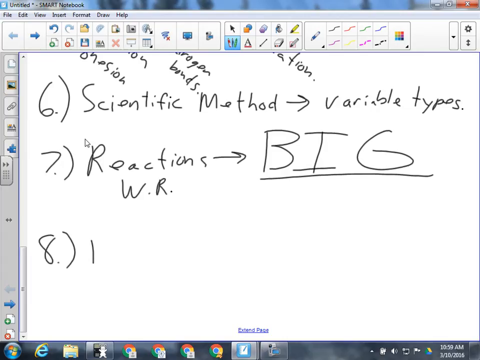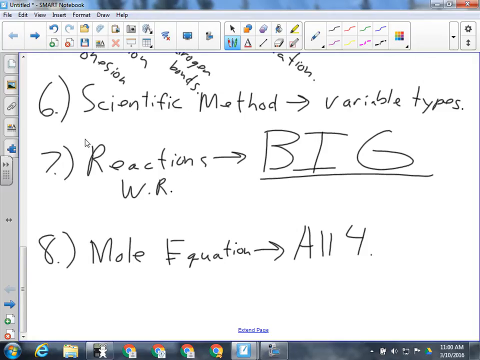Okay, and then the last thing we covered was the mole equation. All four. Okay, there's one of each type. Okay, and I've gone over one of each type every day except today. I only went over 3 of the 4 today from the quiz.